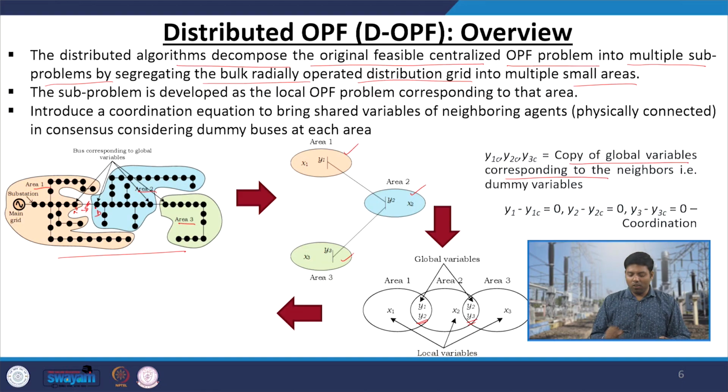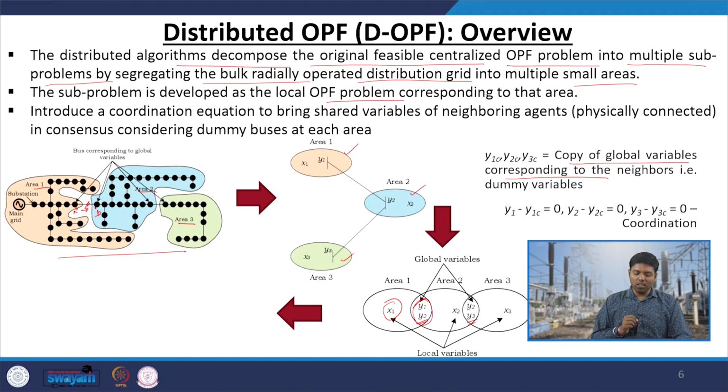Each area will have some local variables and some global variables with its neighboring areas. If that global information is shared among the neighbors and you reach consensus, then you will say that your optimality has been achieved. So, the sub problem is developed at each local level and the local OPF problem will be solved.